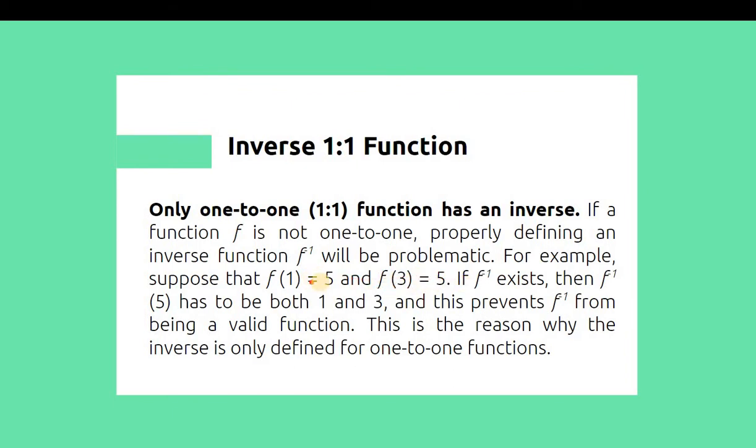Sa previous discussions natin, ang tawag natin dito relation, kasi dalawang values from x or from your domain ay may katumbas na parehong number from y side or range, which is 5. So again, kapag kaganyan, hindi siya 1-to-1 at hindi mo siya pwedeng i-inverse. Okay?